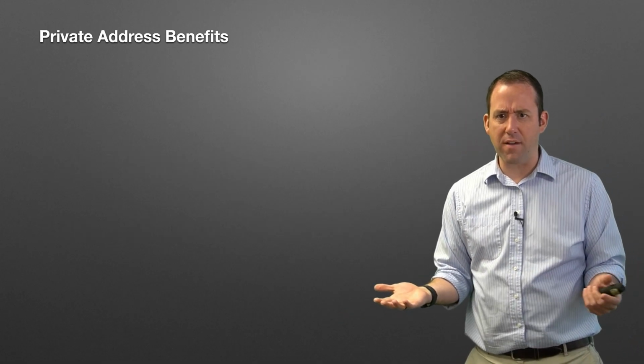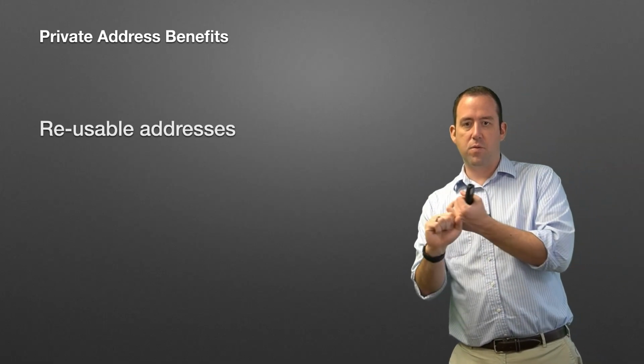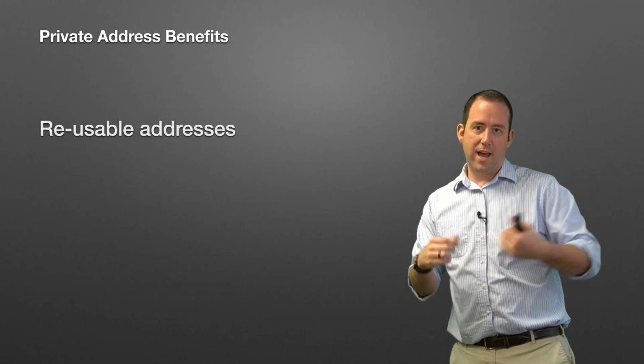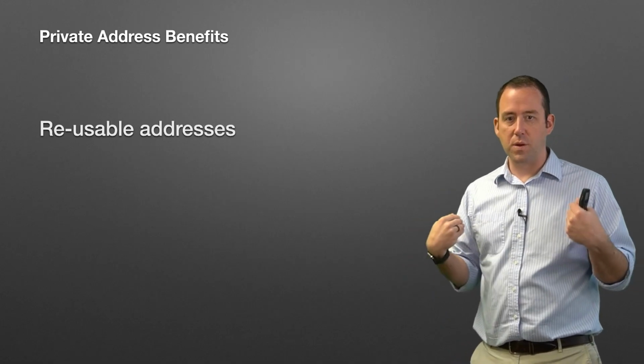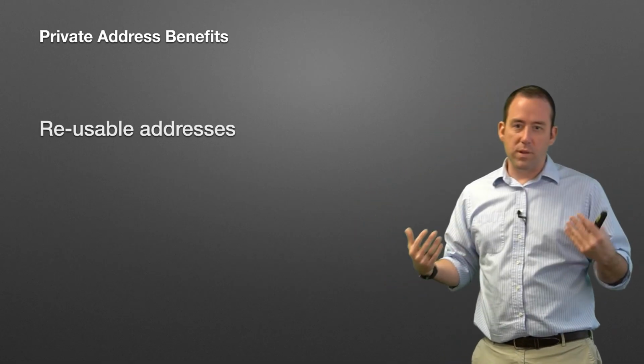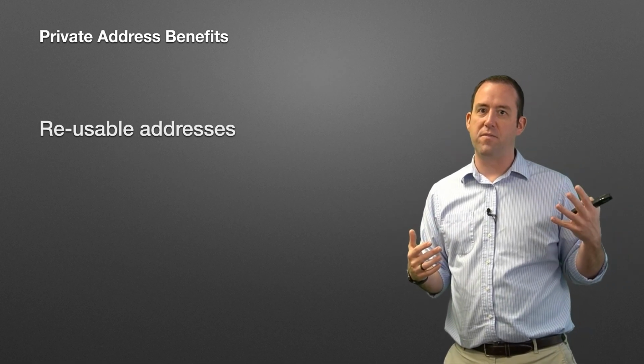The nice thing about private IP addresses, reusable addresses. So you can have your address in your house be 192.168.1.10. And I can have my address at my house be 192.168.1.10. And that limits the number of IP addresses we use. Remember, we're running out of IP addresses. There's only 4 billion IPv4 addresses.